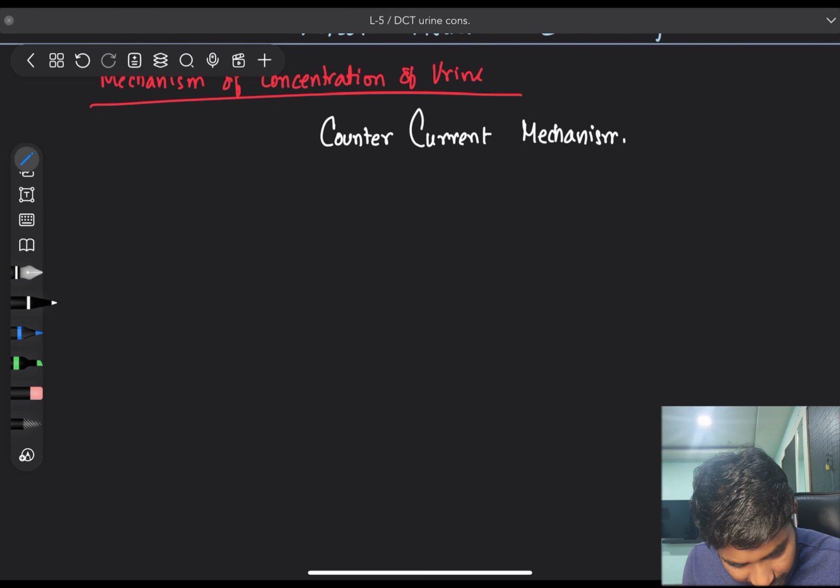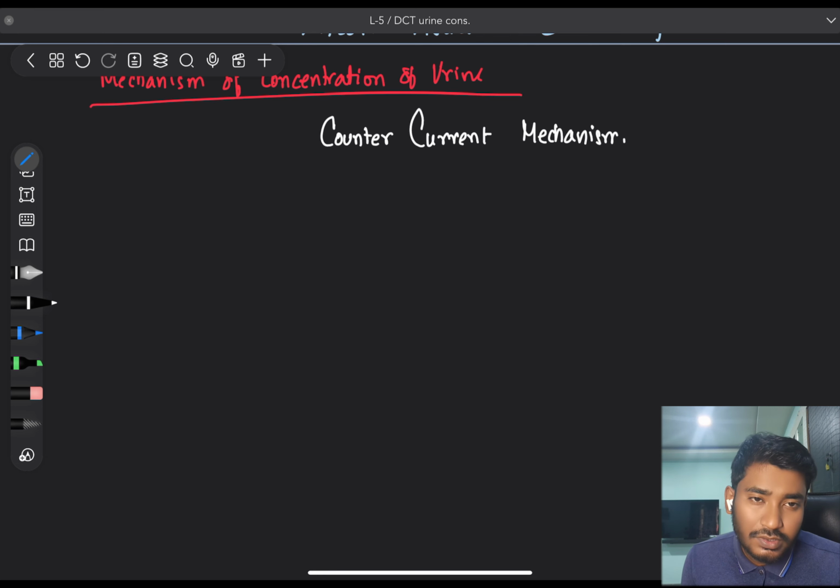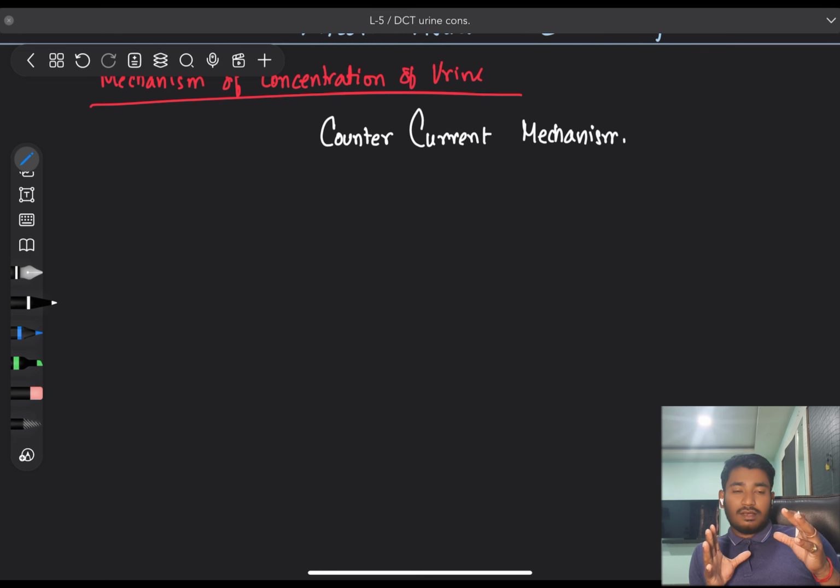So, the counter current mechanism is possible due to the close proximity between the loop of Henle and the vasa recta, both going in opposite directions but in close proximity.